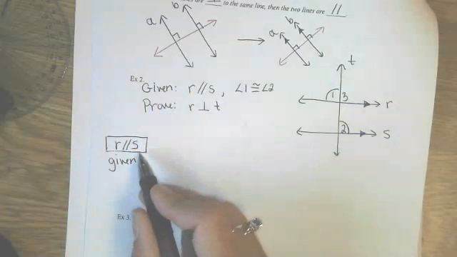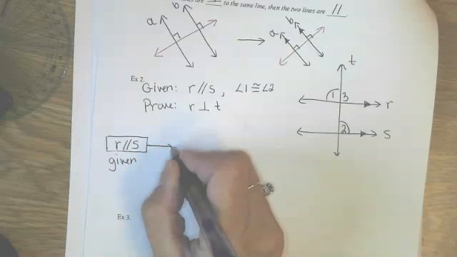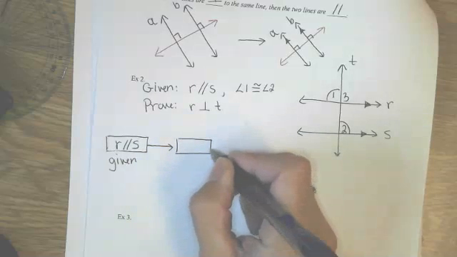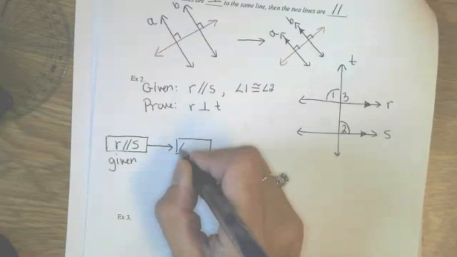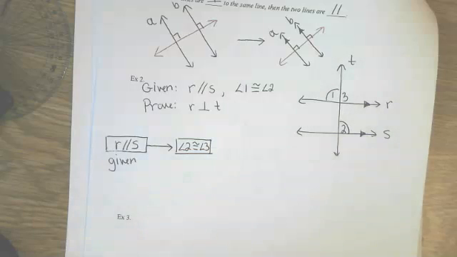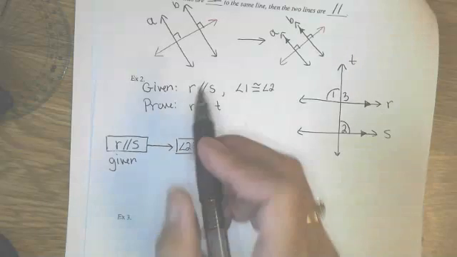Okay, I'm going to logically connect something to this fact. Because I know R is parallel to S, I am allowed to say that angle 2 is congruent to angle 3. So take a look at the picture. Why would I be able to say 2 and 3 are congruent? What kind of angles? CAC. If the lines are parallel, that was our first day, then corresponding angles are congruent. We know that. This is CAC.